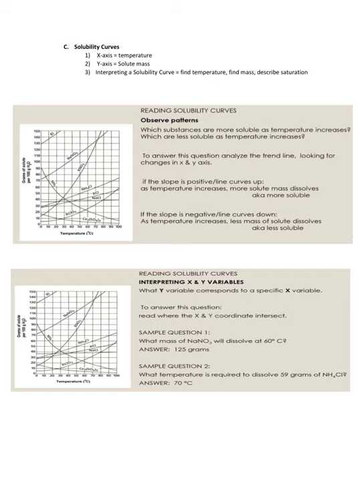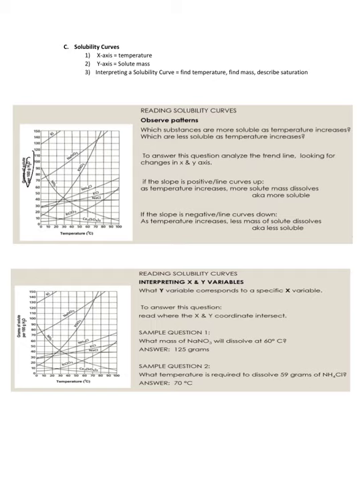They're also going to have how much solvent is present, and here it's per 100 grams of water, but it might be per 200 grams of water, it might be per 1,000 grams of water, it might be per 100 milliliters of water. So that could be different, but it will always be the grams of solute.